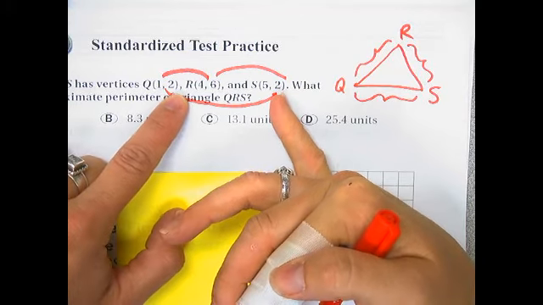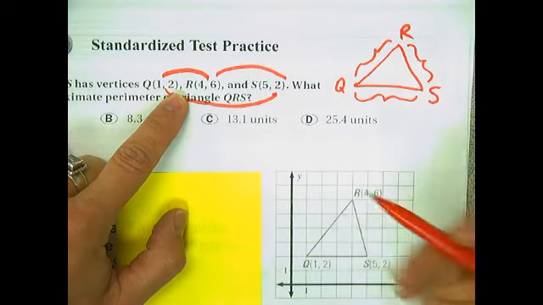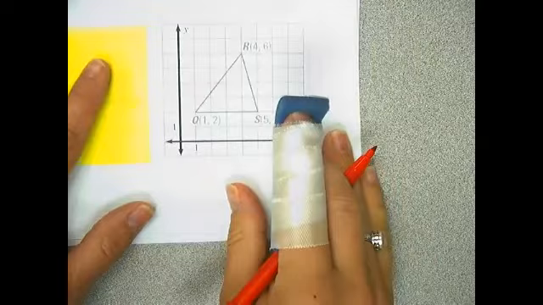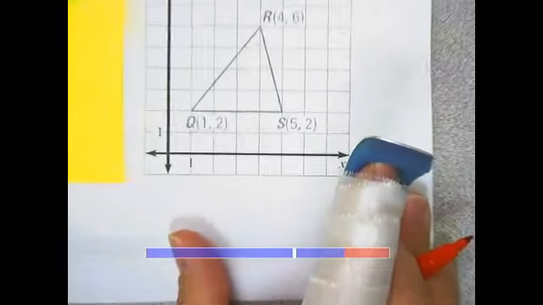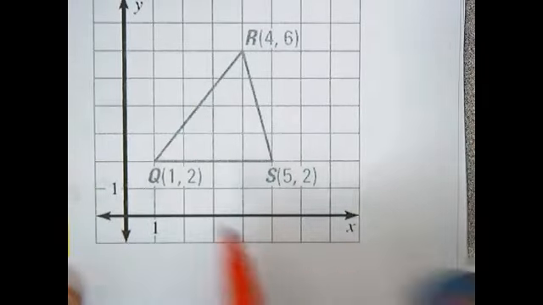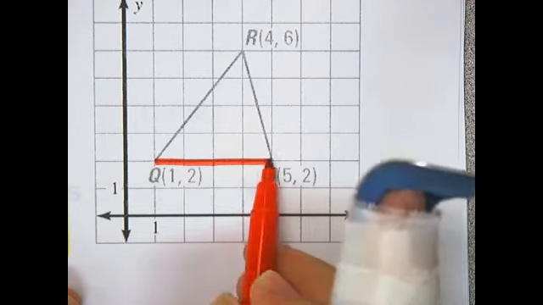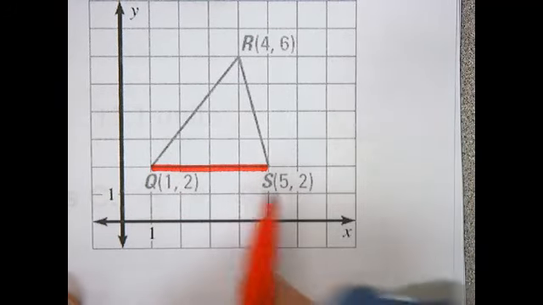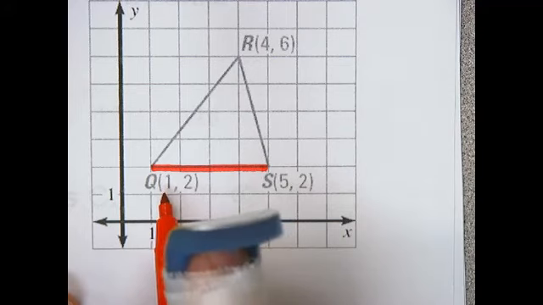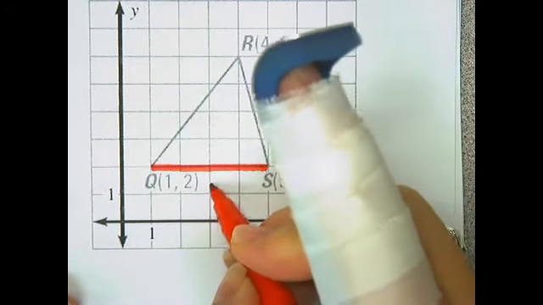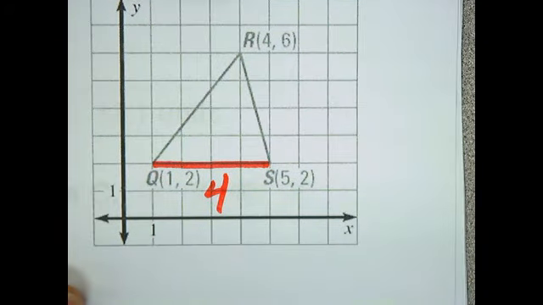Now, if you're perceptive, you'll see that Q and S both have the same y coordinate. So if you think about that, down here, Q and S having the same y coordinate means that that makes them a horizontal line. So for there, you can just use the one portion of the distance formula. The distance between 1 and 5 is just going to be 4 units.